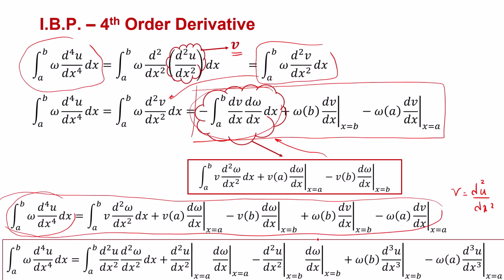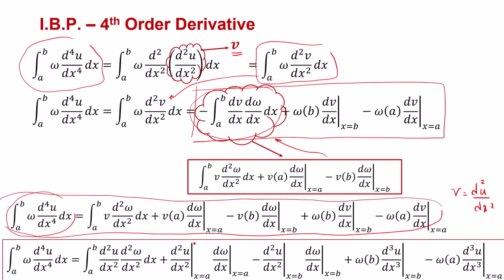Then I will get the final answer which I am looking for, which is the integral of w d4u over dx4 is equal to the integral from a to b of d2u over dx2 times d2w over dx2 dx, and then you will see the boundary terms at x equal to a and x equal to b.